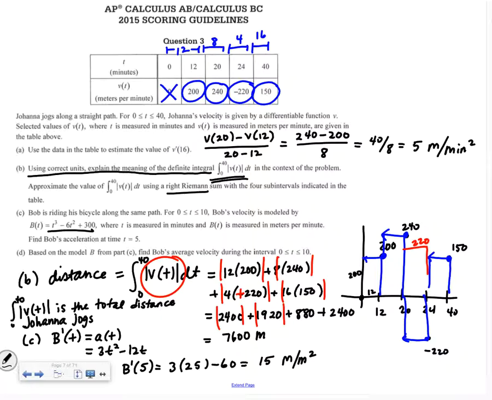In the first 40 minutes, or on the time interval 0 to 40 minutes or whatever. I'm just going to say in the first 40 minutes. Okay, a little messy there.